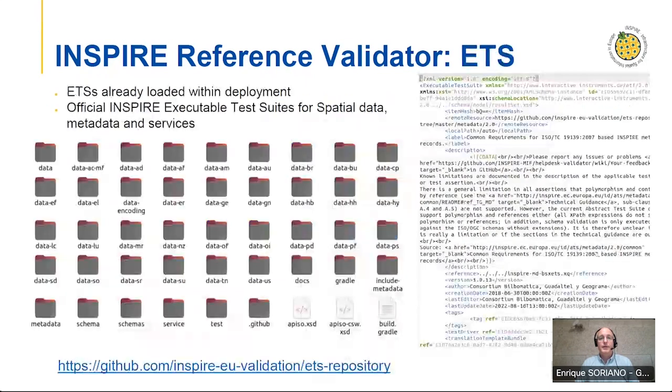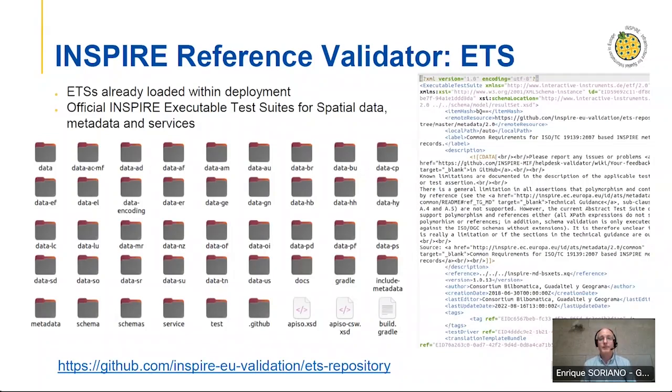Then, as we commented also before, another basic part of the validation for the ETF is to have a proper set of ETS. In an ETF, you could configure any ETS. It is open for whatever purpose.